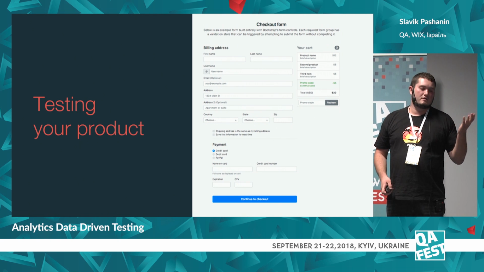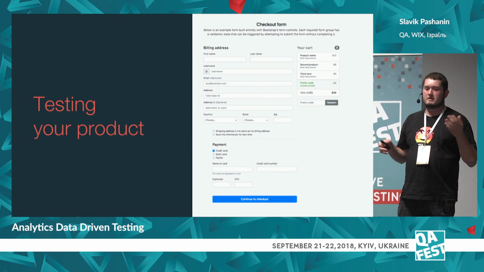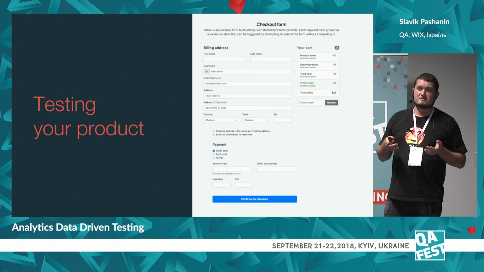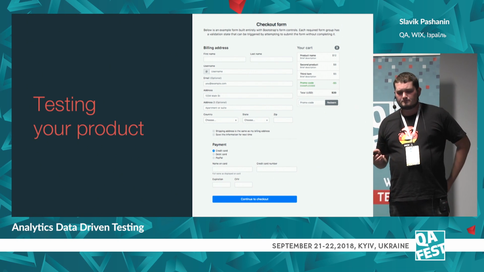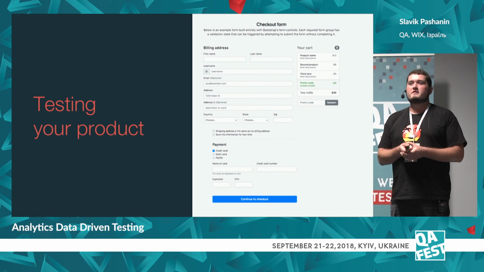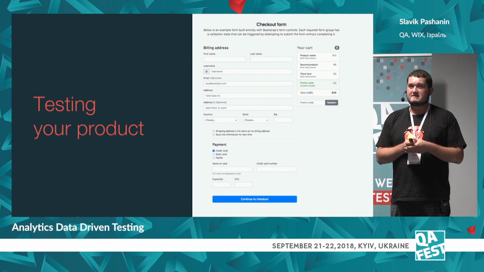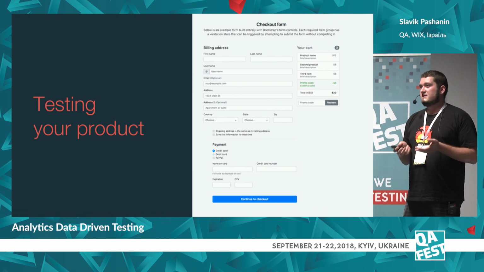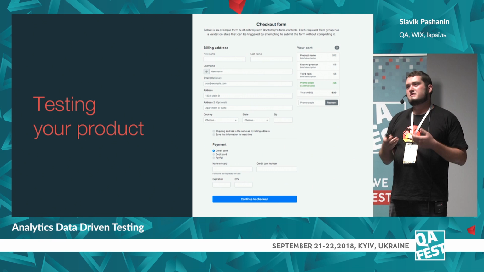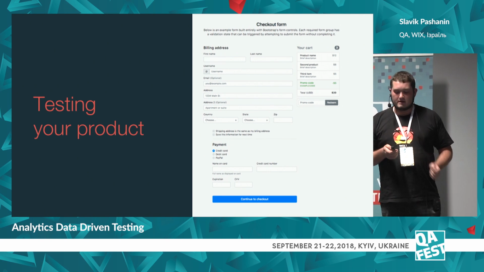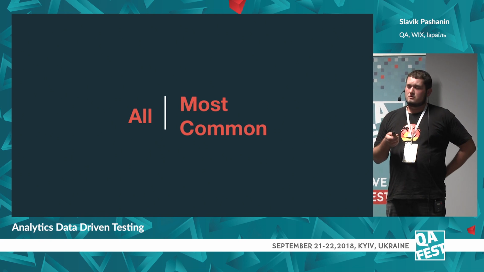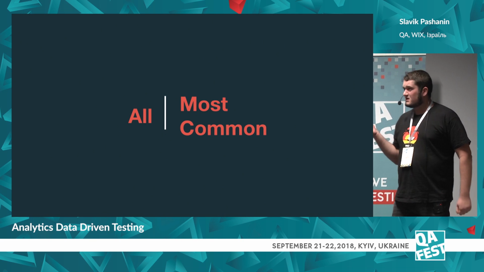In some Chrome browsers, or maybe some different browsers, mobile apps. If we give this app for each one of you to test it, each one of you will test it in a different way, by some hunch. Okay. So all is most common.